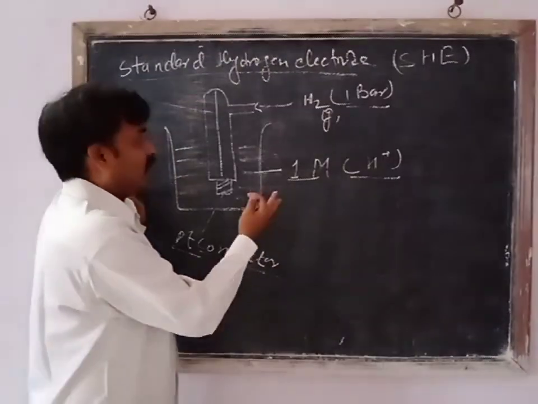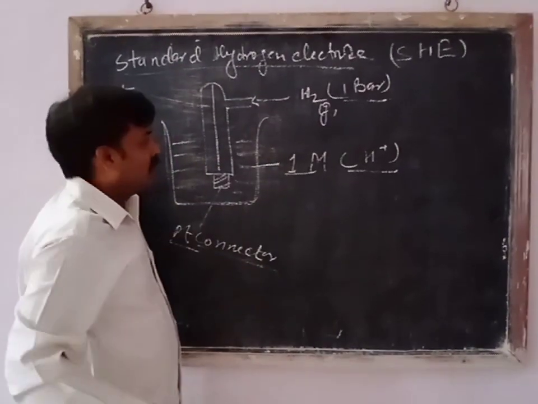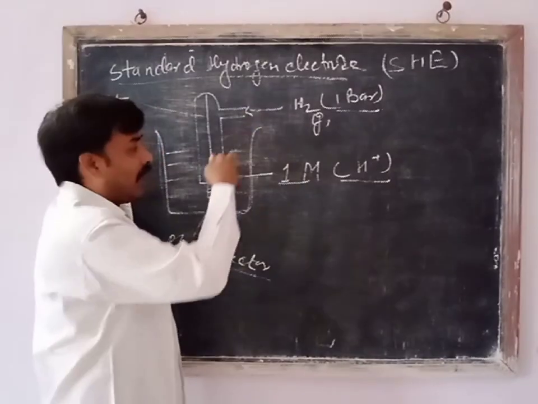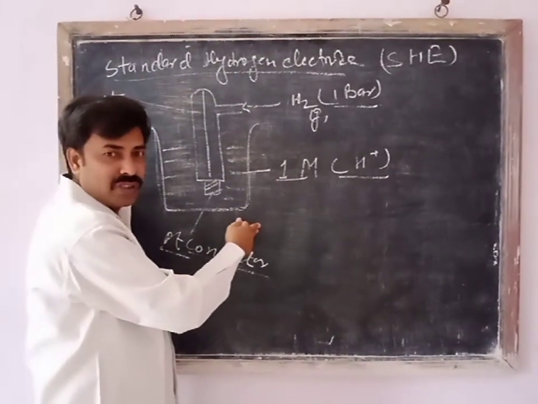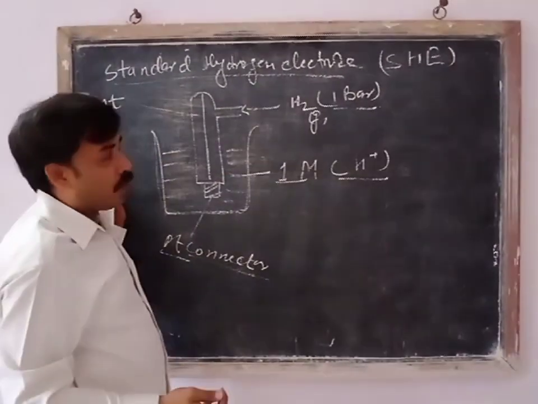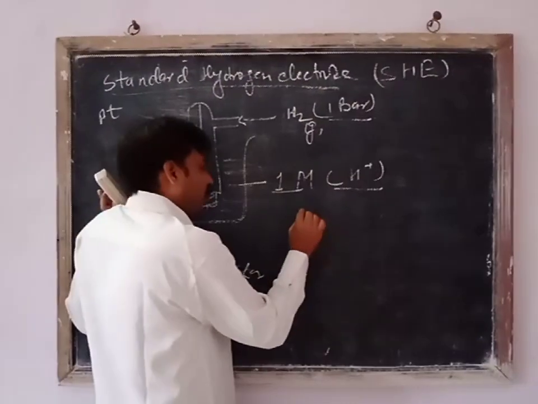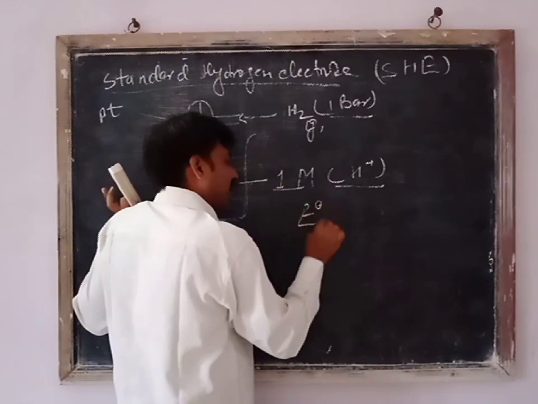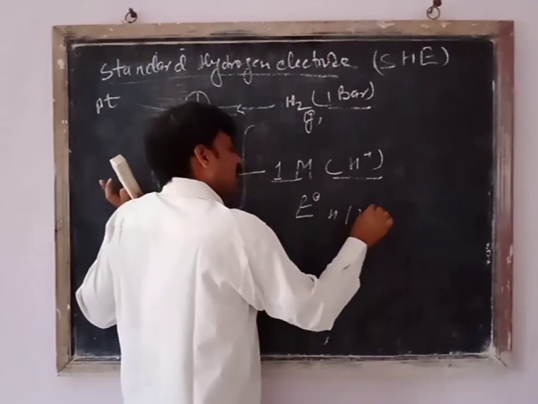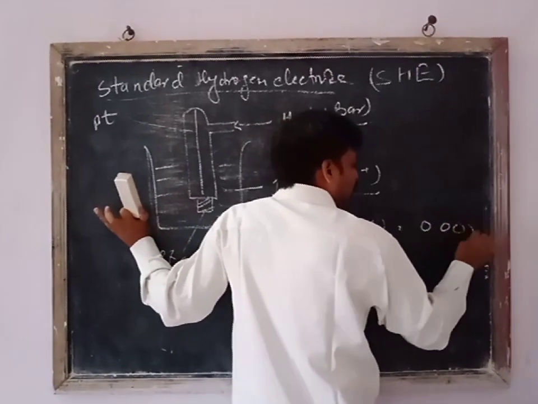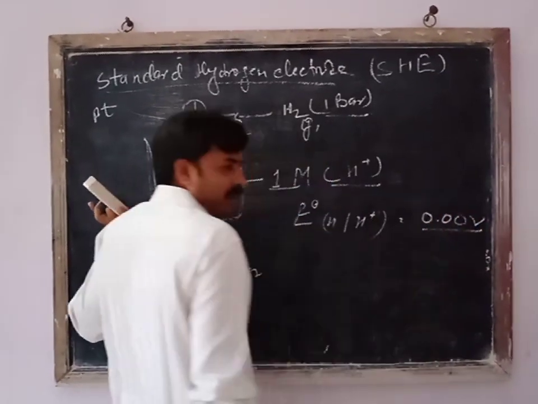This is the composition, and whatever potential difference is generated between hydrogen and hydrogen ion is called the electrode potential of hydrogen. At this condition, the E standard of H plus is considered to be 0.00 volts.